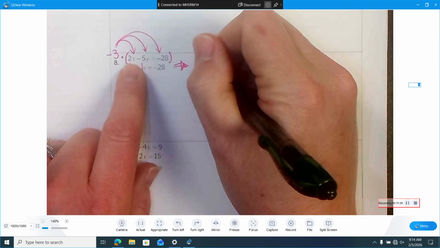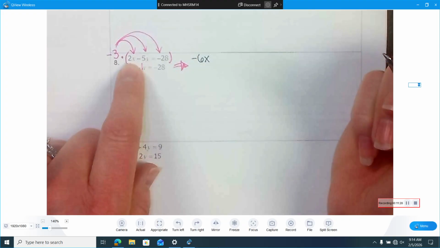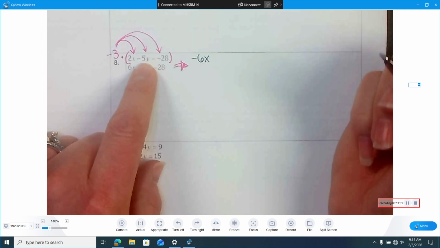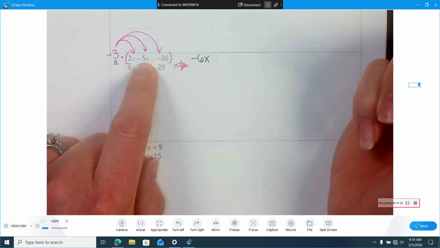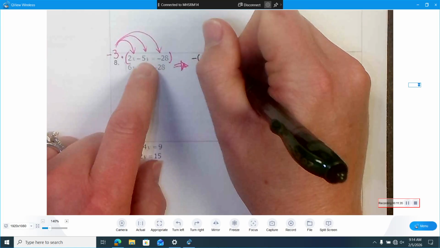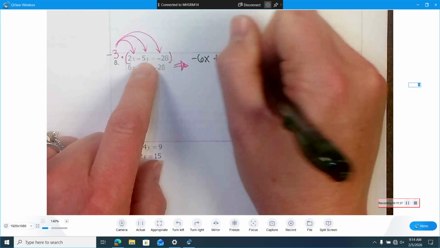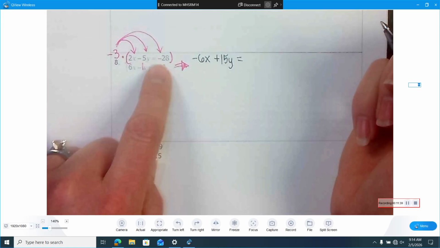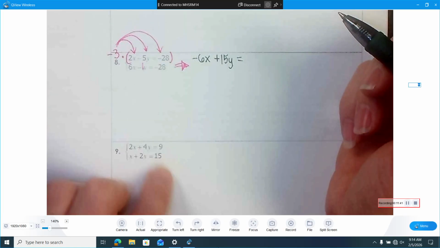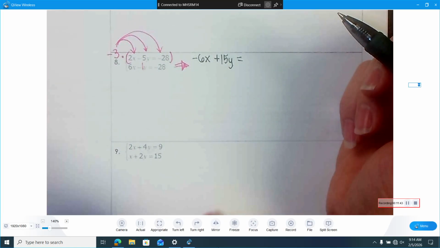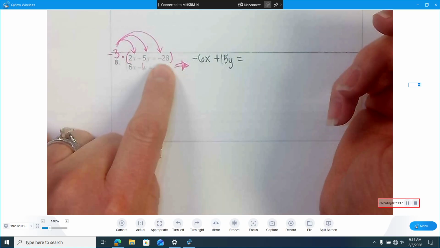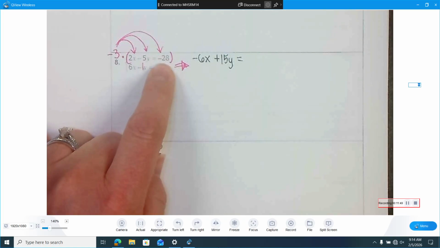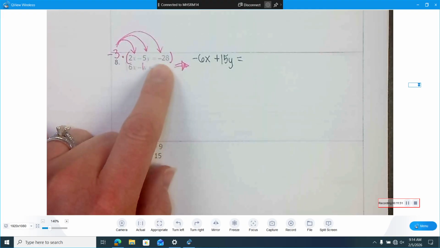-3 times 2x is -6x. -3 times -5y is positive 15y. Good. Equals, and then -3 times -28. 84. Really close though. 25 times 3 is 75, so this has to be bigger than 75.